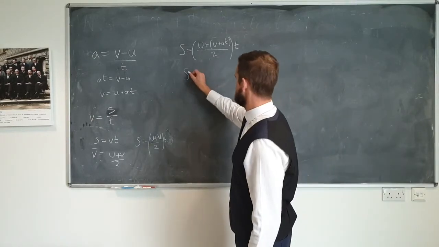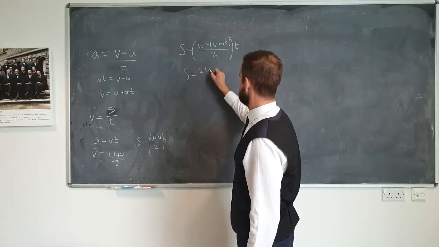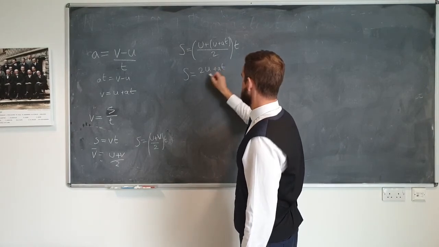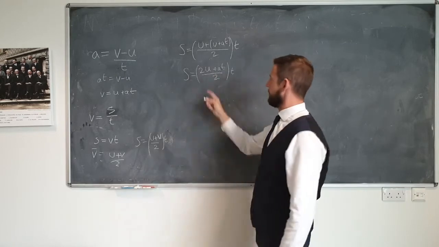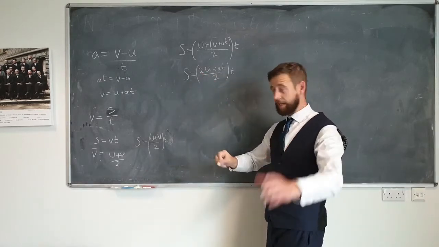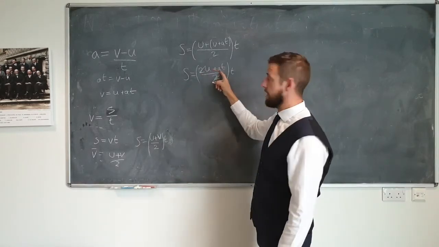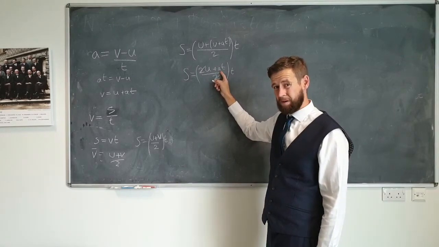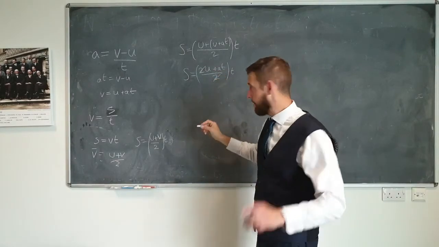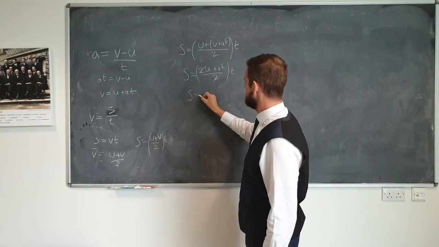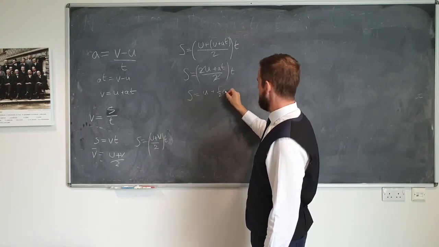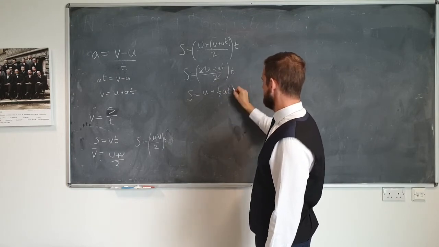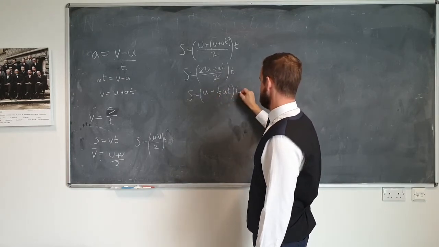So we have s equals 2u plus at divided by 2 times by t. We have 2 divided by 2, so that cancels out. But we still have to divide this side by 2. So we end up with the displacement is equal to u plus a half at, or brackets, t.